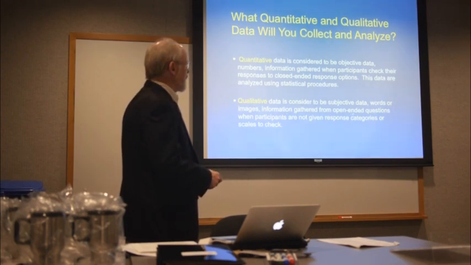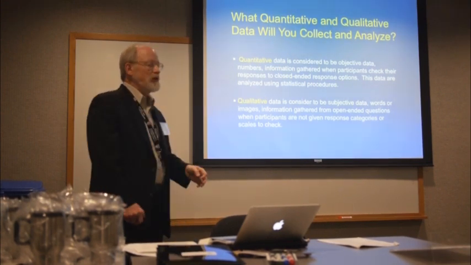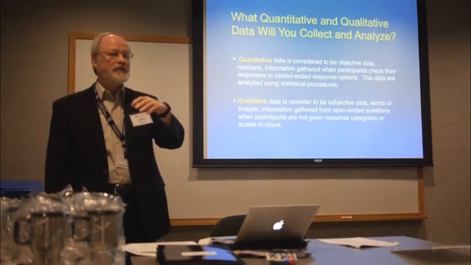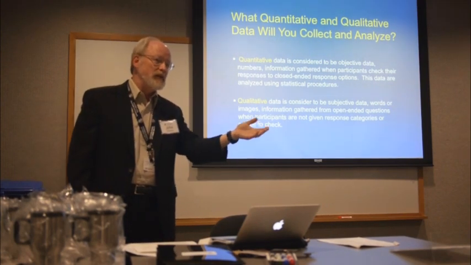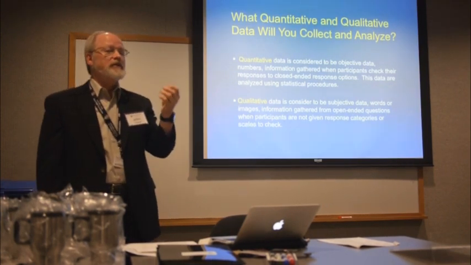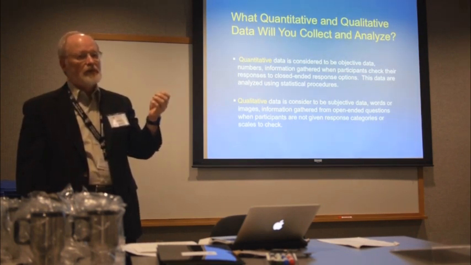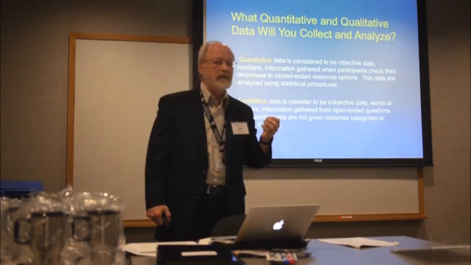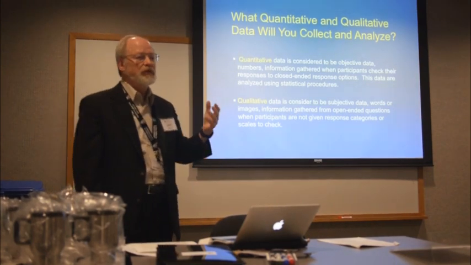It's based on gathering information to open-ended questions where participants are not given response categories. So some people think about quantitative as numbers, and that was my bombing example, and qualitative as stories, but for me, a more nuanced understanding is open-ended versus closed-ended. And so you tell me you want to collect some sounds of people crying in a refugee camp.